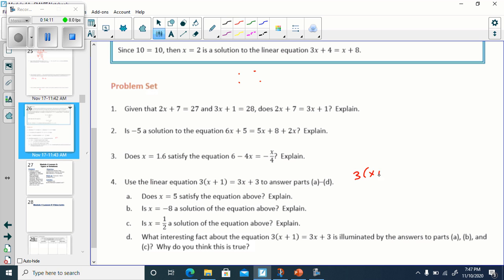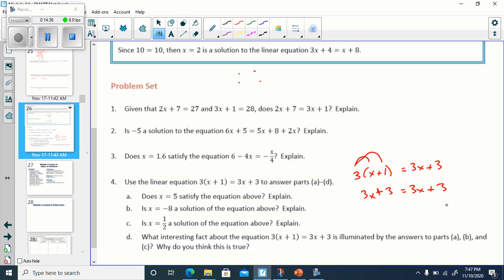If that's the case, it's going to look exactly alike whenever I work it out. 3 times x plus 1. Is that equal to 3x plus 3? Let's use the distributive property here. That's going to give me 3x plus 3 is equal to 3x plus 3. If I work something out and the expression on this side is exactly like this one, then anything can be the solution.